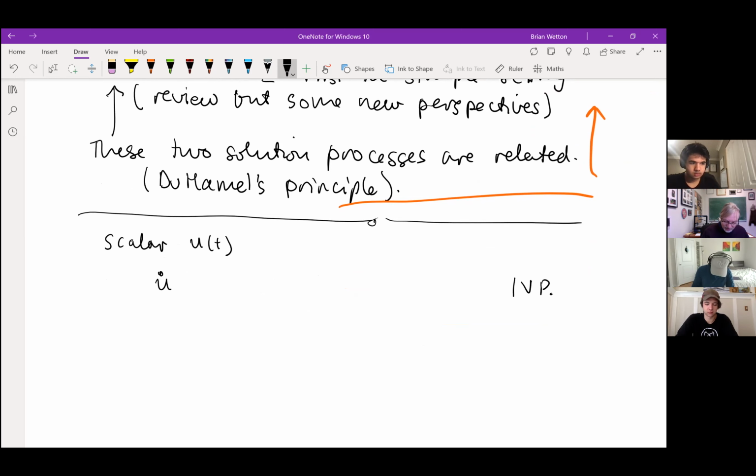It's u dot, and the dot is for du/dt. This is typical notation to help you remember that it's a time-like variable when you're looking at that derivative. And this is going to be given as a function f of u and t.